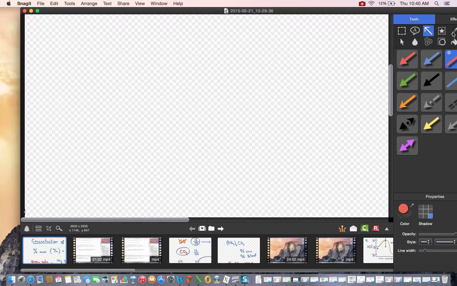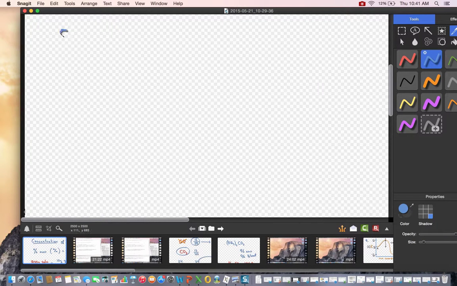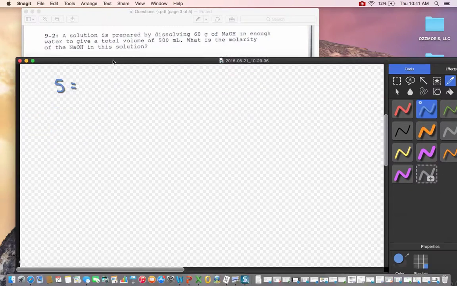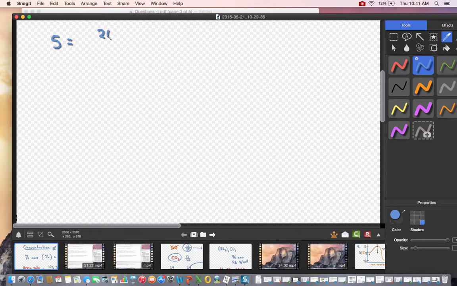I have a 5% solution, and if I look at the rest of the problem, I'm going to have 20 grams of glucose over X. And of course, we know that this is times 100%. So I have 5X equals 2,000.